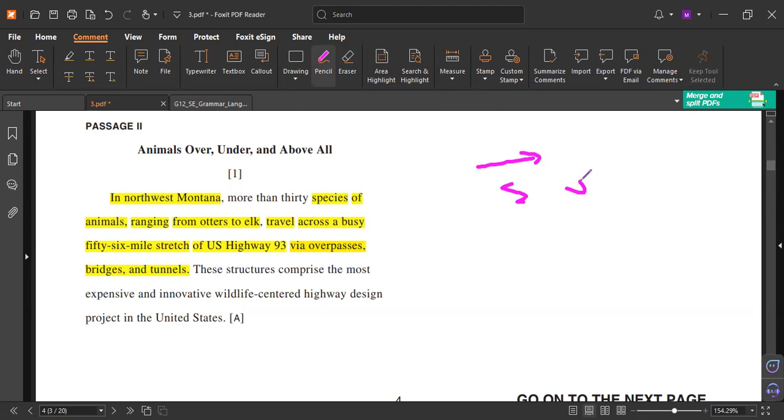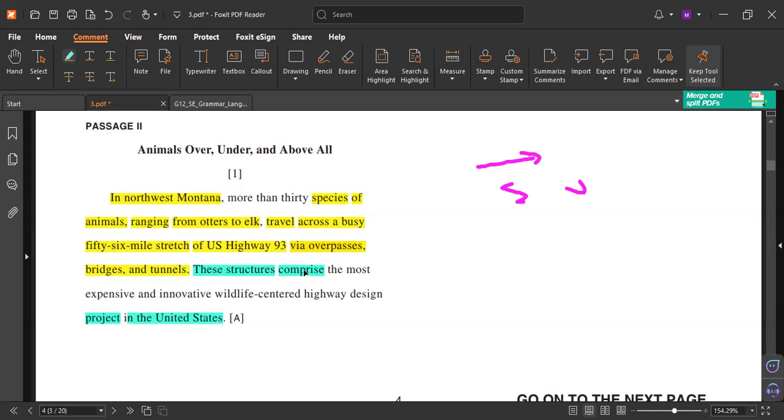Now it's your turn again. Let's find it together. In this structure, a subject of the sentence comprise, verb. Comprise what? The most expensive, innovative, wildlife-centered highway design project. Look, comprise what? The project. And then a prepositional phrase.